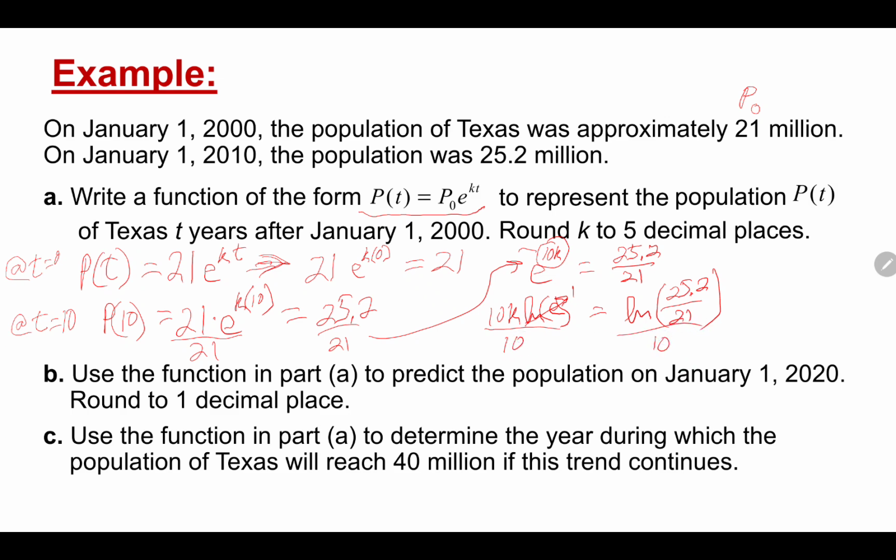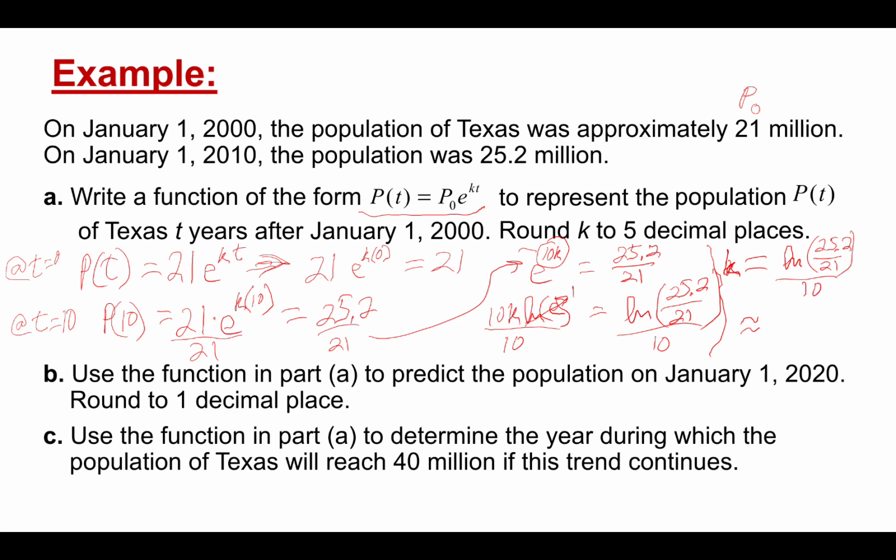Divide this whole thing by 10. So k is going to equal ln of 25.2 divided by 21, all divided by 10, or approximately, we're rounding it to 5 decimal places.